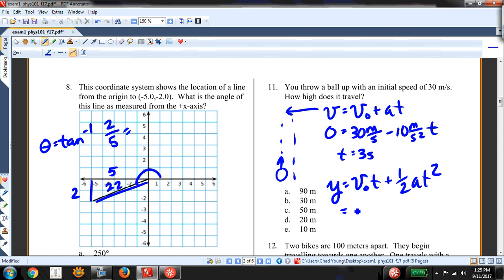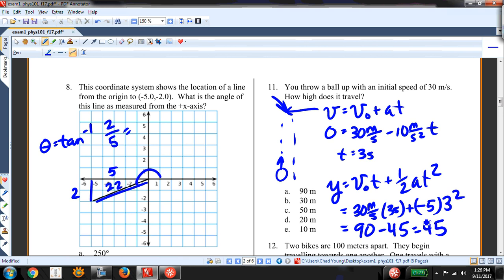So I say 30 meters per second times 3 seconds. That's the time to take to get up to here, plus 1/2 of a, that's -5, times 3 squared. That's 90 minus 45, which is equal to 45, or rounding up to 50 for 1 sig fig.